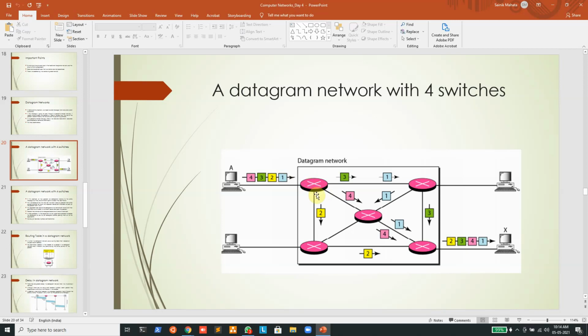Again, from port number 2, I will send the data that contains a specific destination address. And from port number 3, I will send the packet that has a specific destination address.